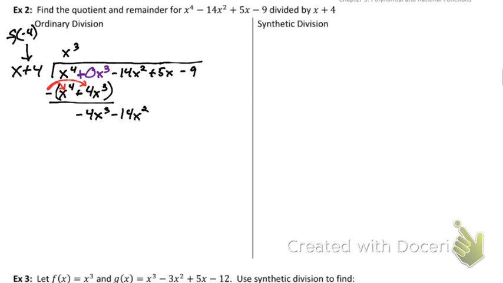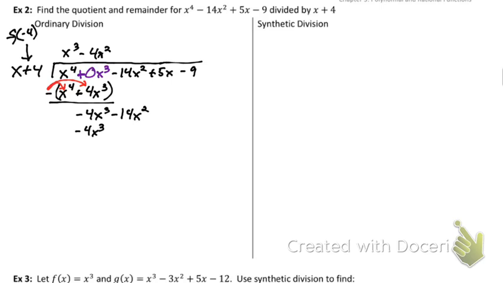What's the next number on my top? Great. It's actually negative 4x squared, because negative 4x squared times x is our negative 4x cubed. So we do want these two to match up because we know we are going to subtract them. So we're going to use negative 4x squared.